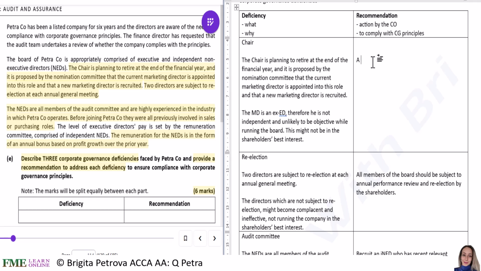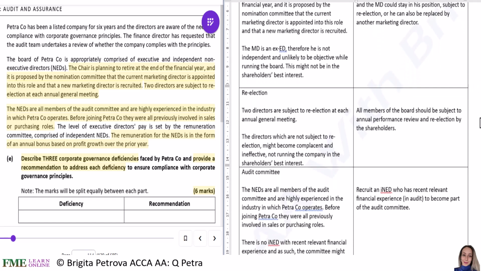How about a new independent chair should be recruited and the MD could stay in his position subject to re-election, or he can also be replaced by another MD if they really wish so, if he wants to leave, if he doesn't want to be in that role. But that's it, recruit a new independent chair. Okay, and that's it. We got 6 marks already.